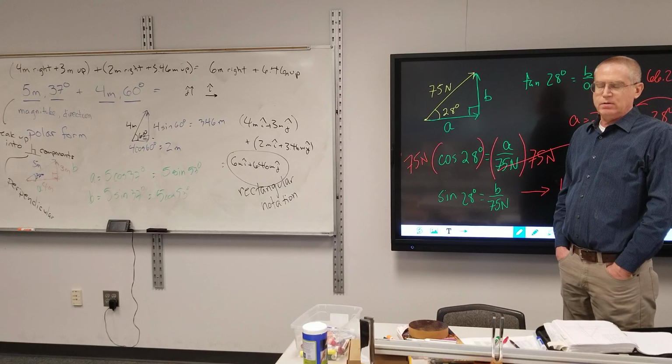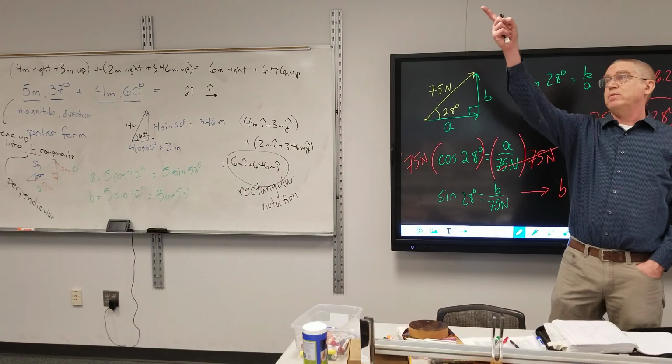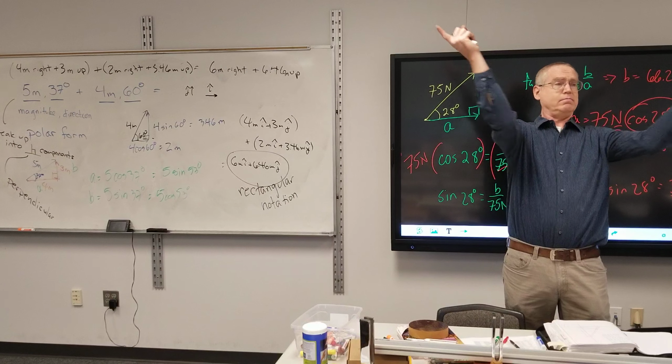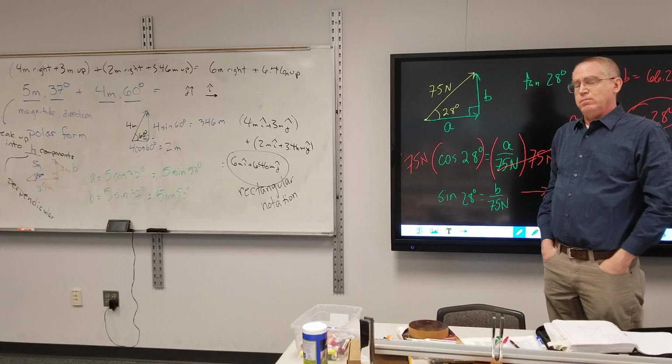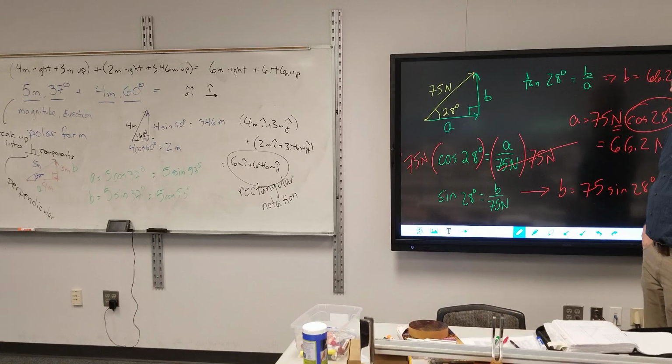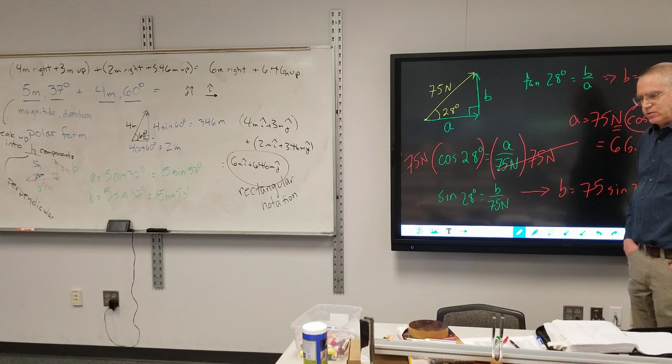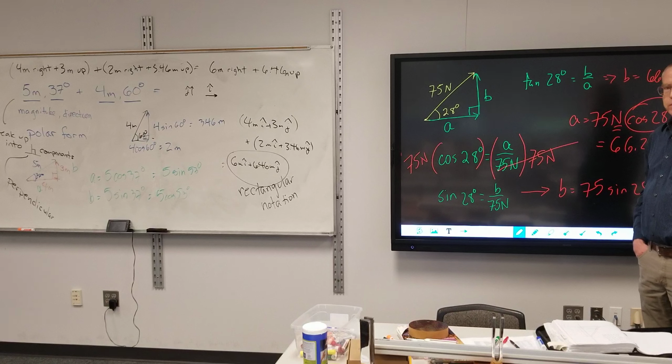You want to pick the direction so that the math is the easiest. I could have picked I hat up at an angle like that and J hat at an angle like that, so that they're perpendicular to each other. It would have made the problem incredibly more difficult. But I can define I hat any direction I want. As far as this course is concerned, J hat is perpendicular to it.